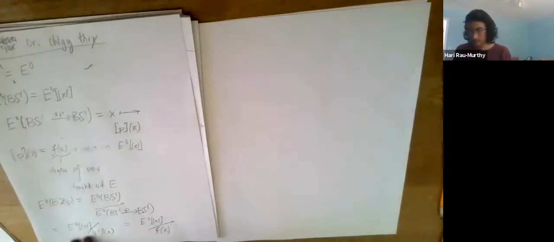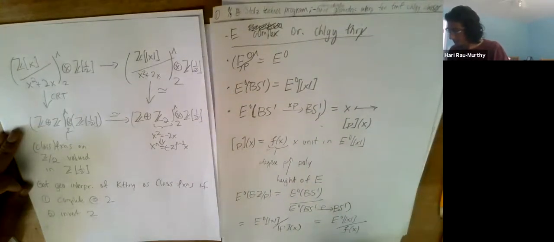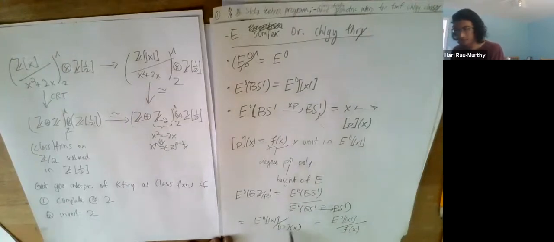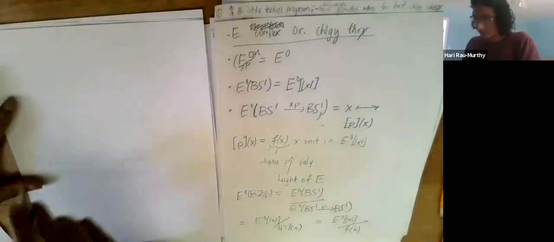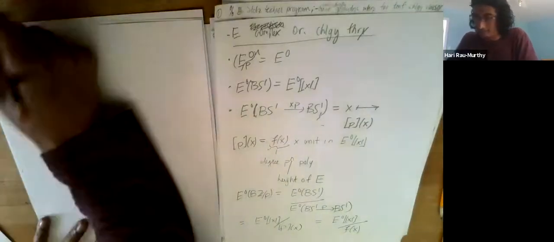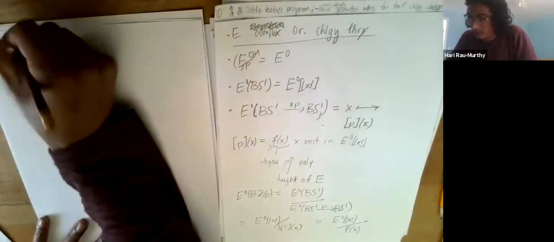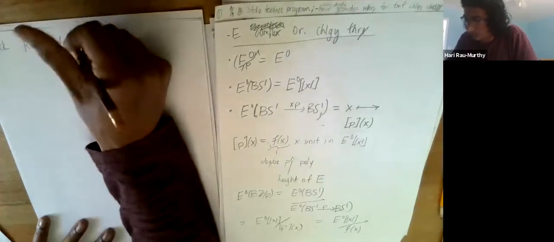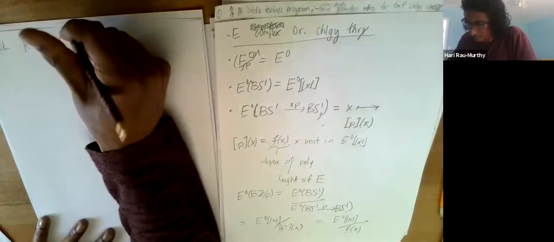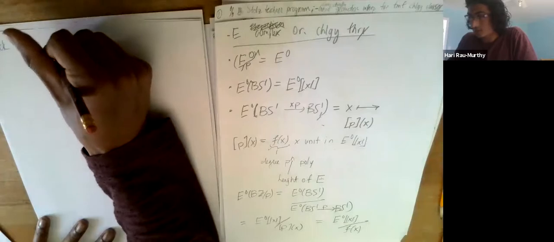Now, to replicate what I did with the Chinese remainder theorem over here, I want to replicate this for this E star double adjoint X mod P of X. So in order to do that, I pick a field, make it algebraically closed.